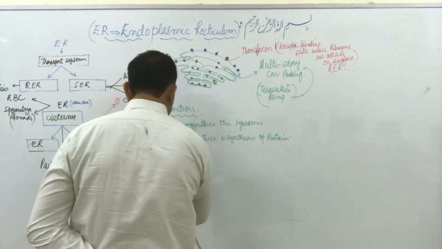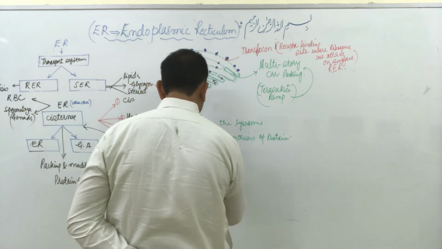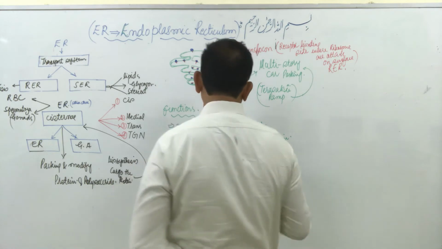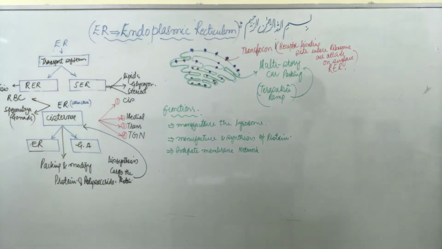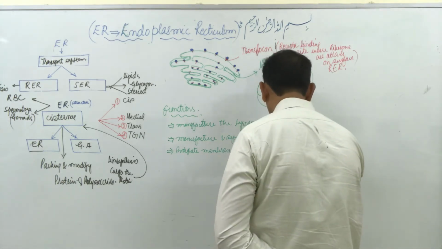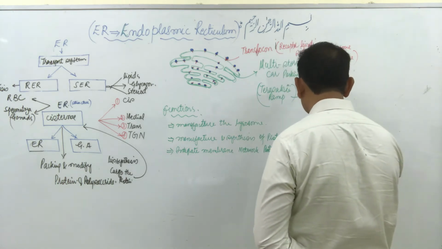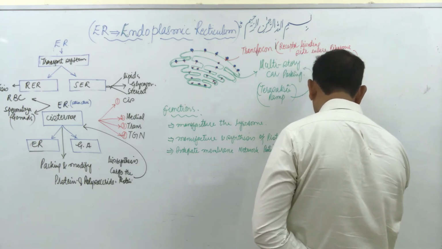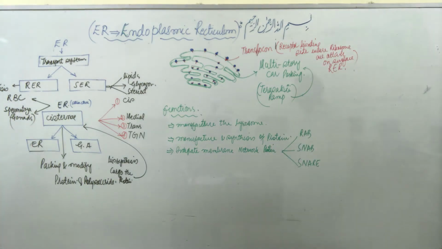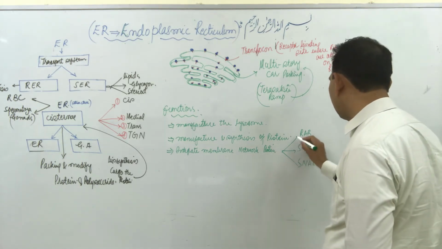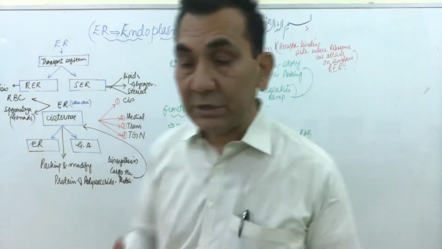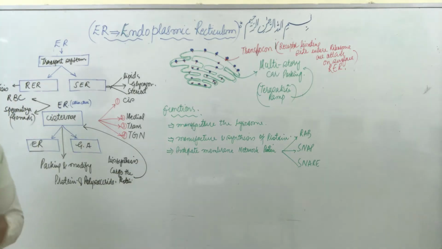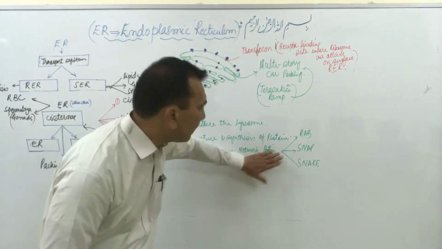There is another integrated protein network, an integrated membranous network, which is present inside the rough endoplasmic reticulum, and this network of proteins has three types.